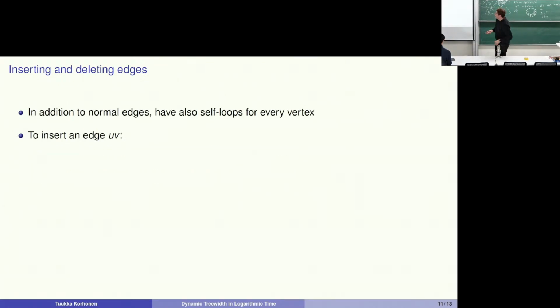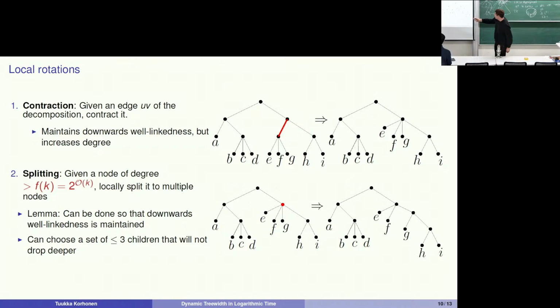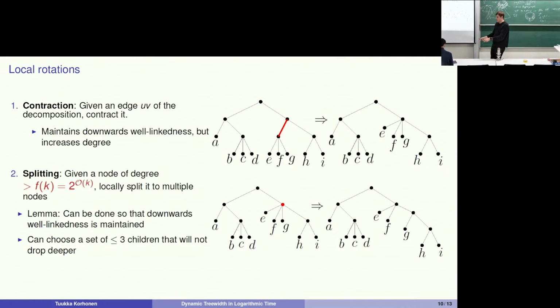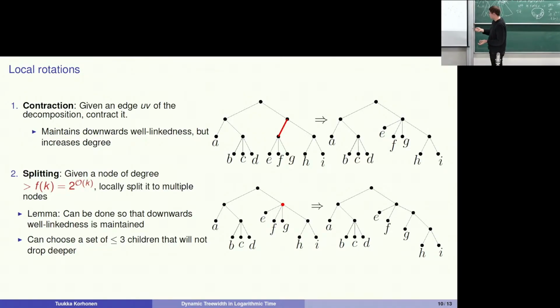Okay. But there is one more thing. We have these nice rotations to rotate stuff close to the root, and this is what we do repeatedly. And we have this splitting to control the degree, so this is fine. But doing these operations still increases the depth of the decomposition.